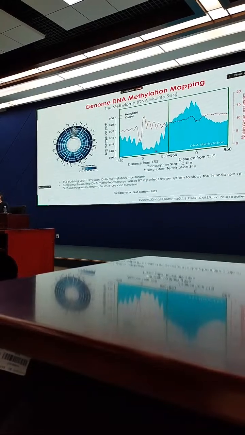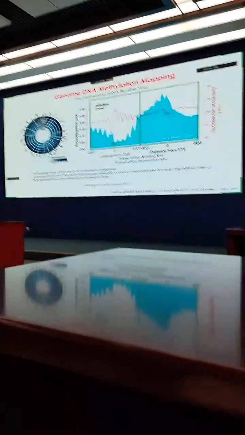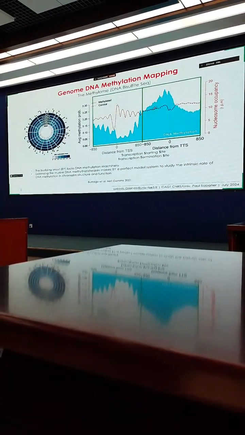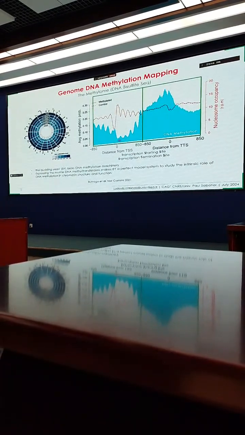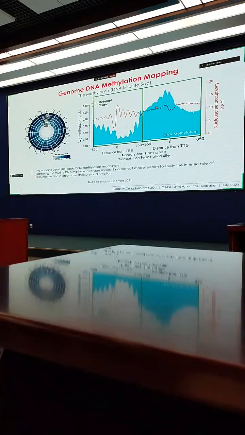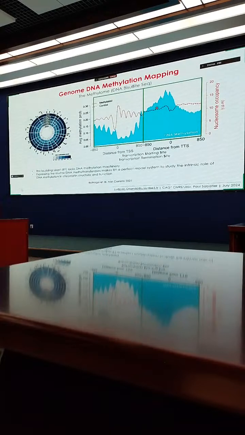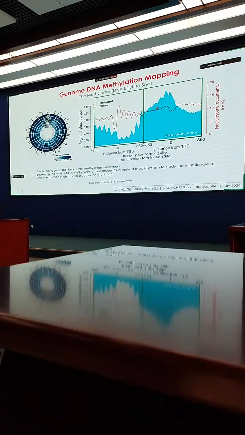You realize that there is poor methylation around the TSS, and then it goes up into the gene body, on average. So along the gene, the DNA methylation levels are not random, and they are not random specifically because it's information. It's information that helps the genome to get organized.